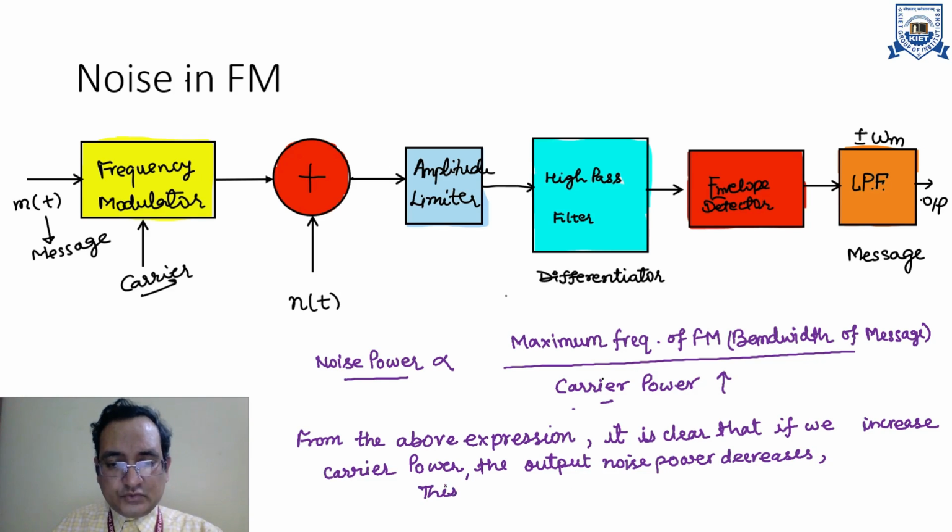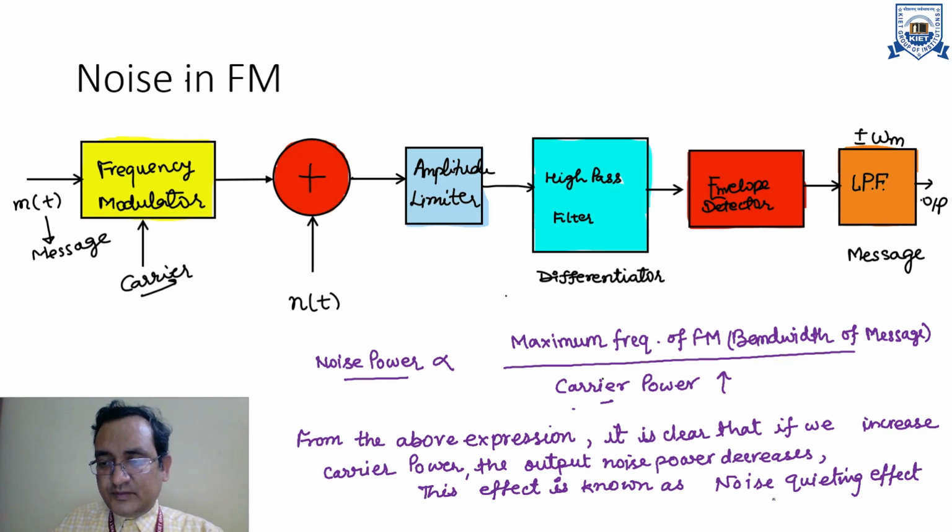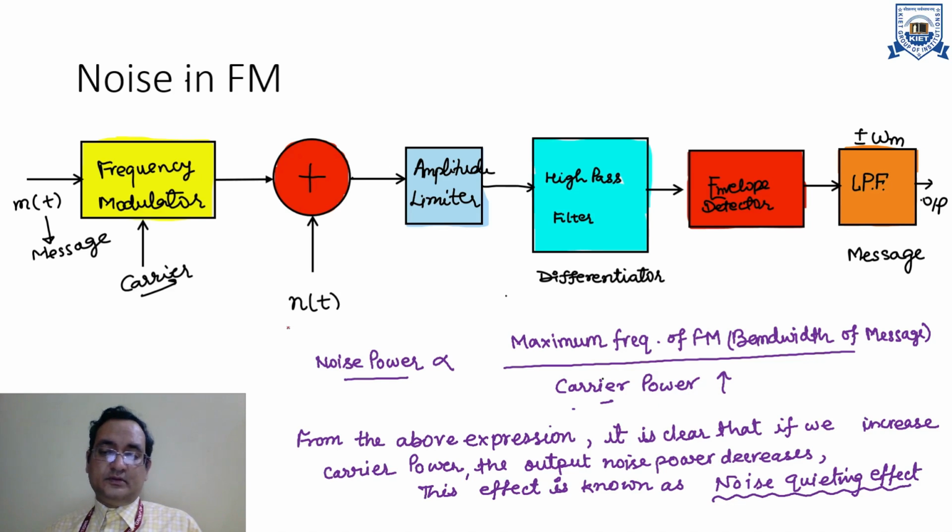This effect is known as the noise quieting effect. This effect is very important for the noise analysis in frequency modulated systems. So the noise power and the carrier power are both interrelated. When you increase the carrier power, the noise power at the output of the frequency modulation receiver will decrease.